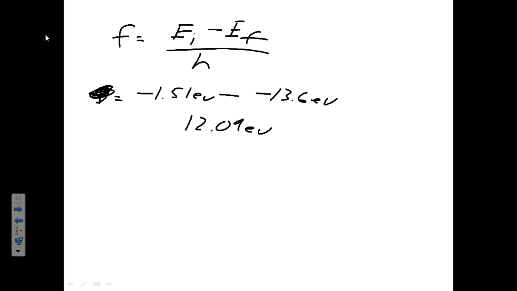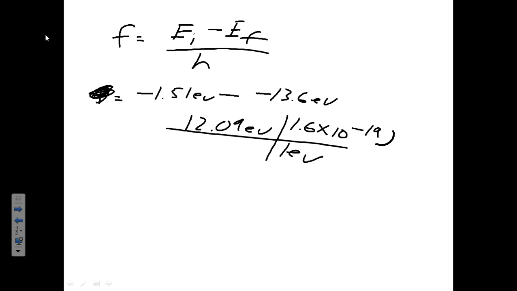For this to work, we've got to convert those electron volts over to what? Joules. And remember, we've got the conversion written over there on the board. 1 electron volt is that many joules. So if we do the conversion, here's what we get.